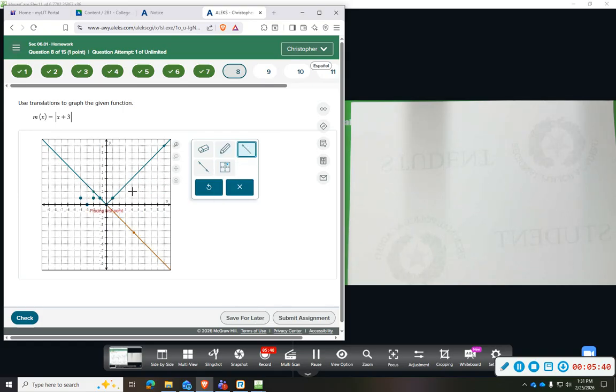So you're going to use a ray, not a whole line, and then do another ray. Okay. So this second one is the one that we're going to get. It got shifted 3 units to the left. Now, I don't think they're going to want this graph, so I'm going to erase the original one and those points that I originally made, but this would be the transformation of the absolute value of x plus 3.